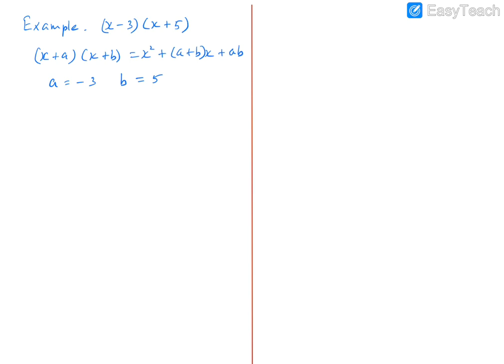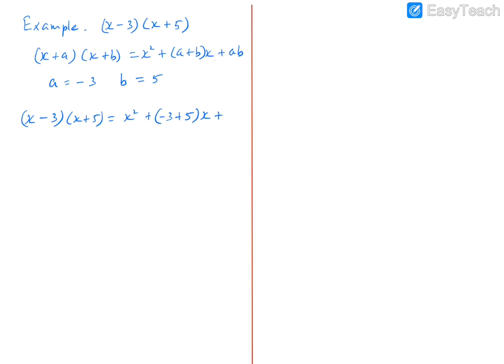So we can write x minus 3 into x plus 5 as x square plus a plus b. A is minus 3 and b is 5, so it's minus 3 plus 5 times x plus a into b.